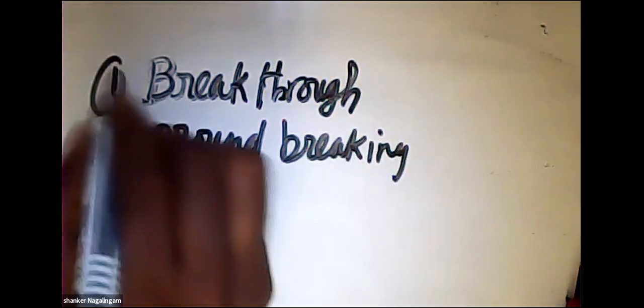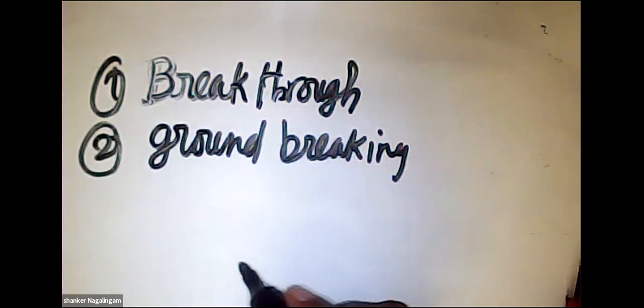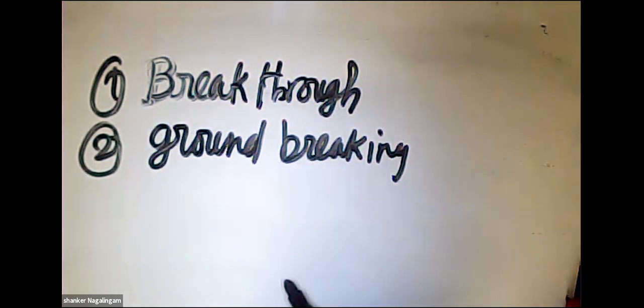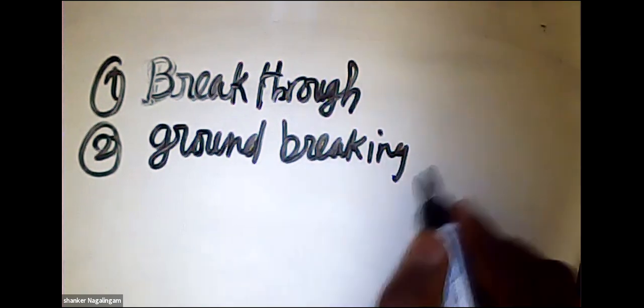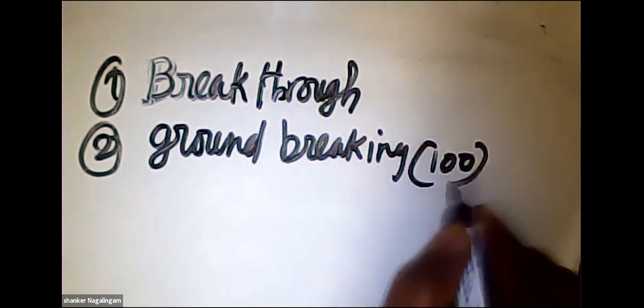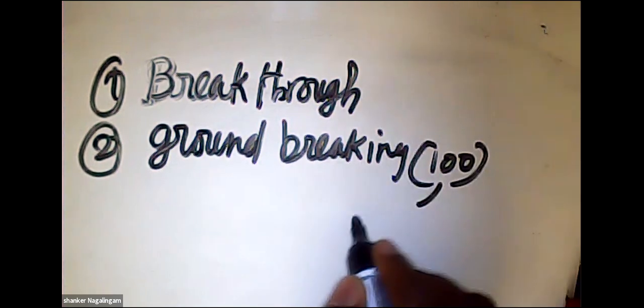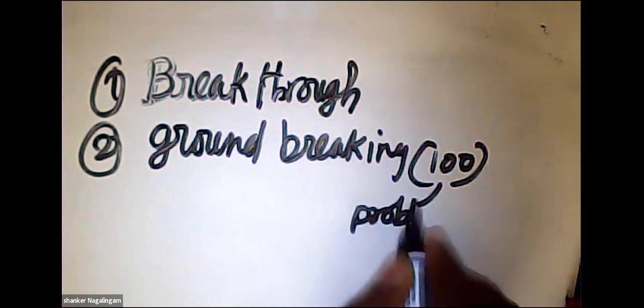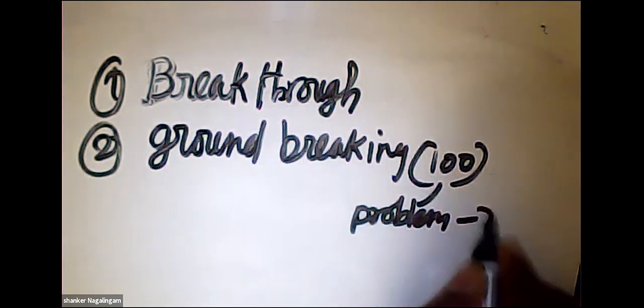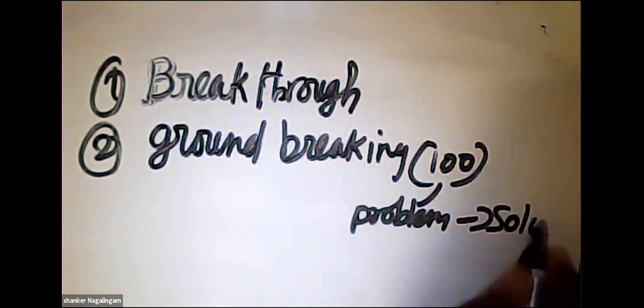So these are the two types of research. Groundbreaking is that you just start from 100 papers. Already 100 papers are there. In those 100 papers, you find a problem, and for that problem, you give a solution.